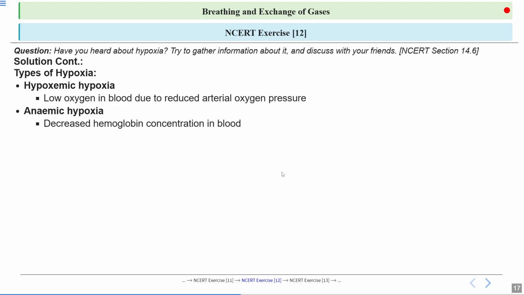So decreased hemoglobin could be due to anemia. There are some patients that are anemic. Anemic means their hemoglobin is not at the normal level. So there, the supply of oxygen in the blood will be less. This is the second type of hypoxia.